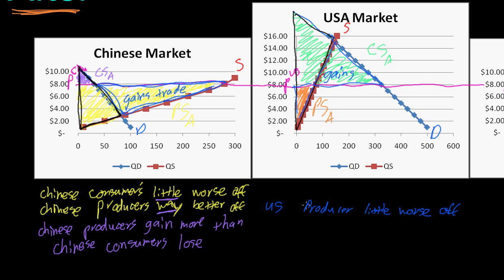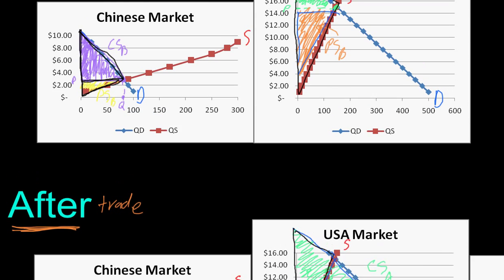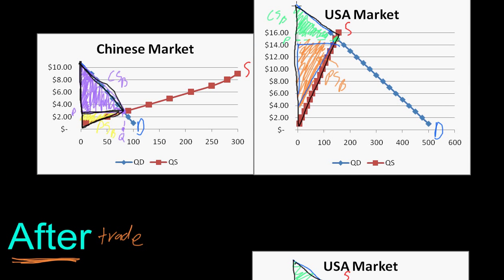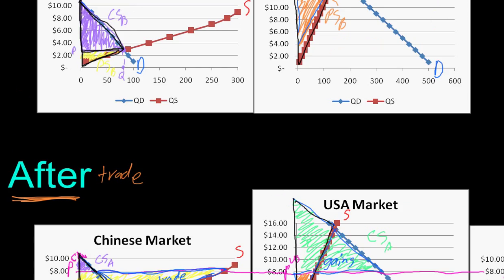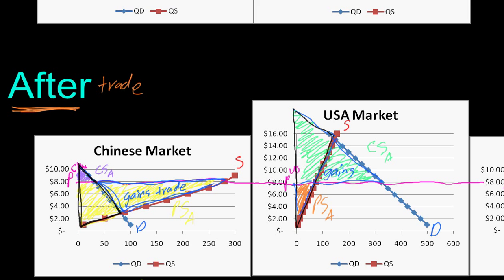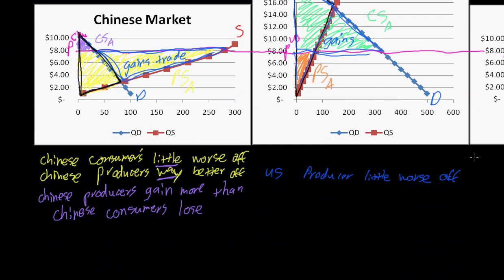At the same time, the American consumer is way better off, and we can see that as the growth of this green triangle. So green went from this little thing up here to this gigantic one up here. So the US consumer is way better off. And so the exact same thing that was true for China is also true for the US with a little bit of a twist.